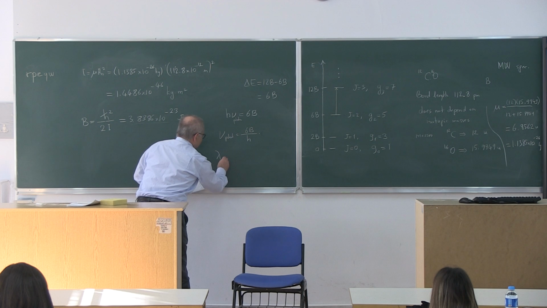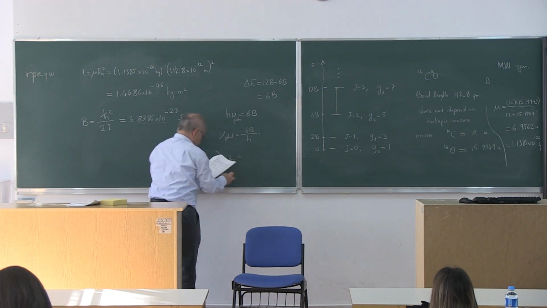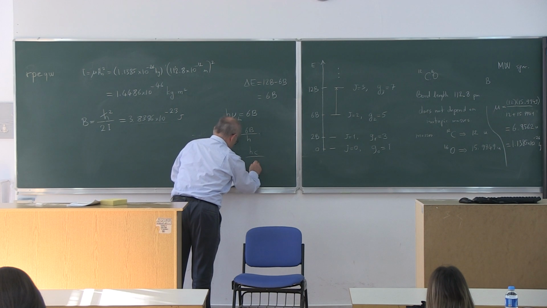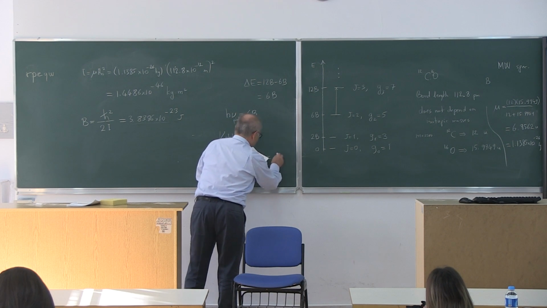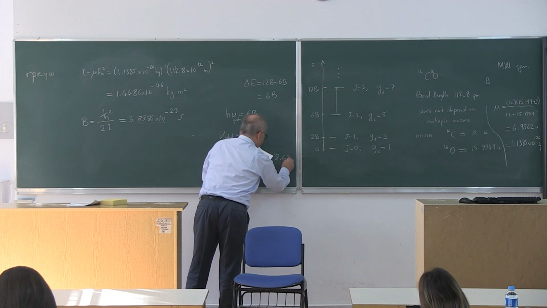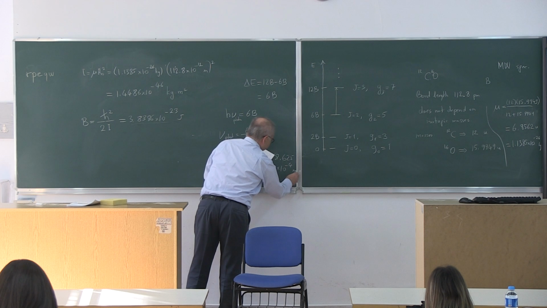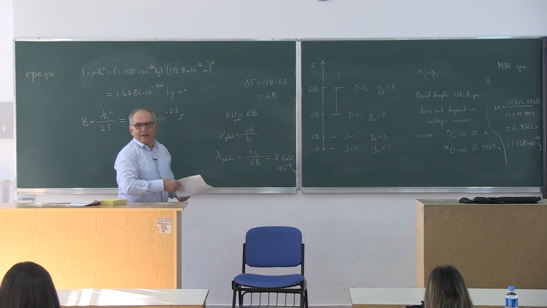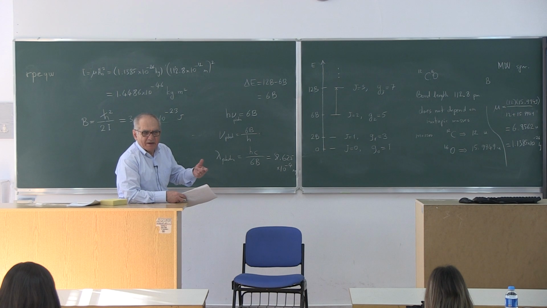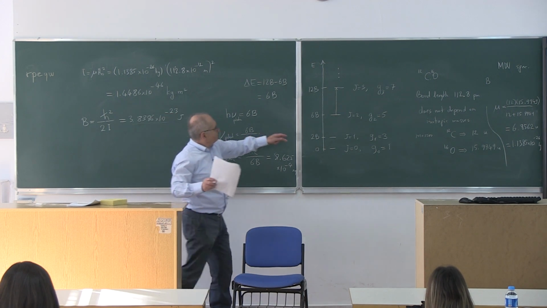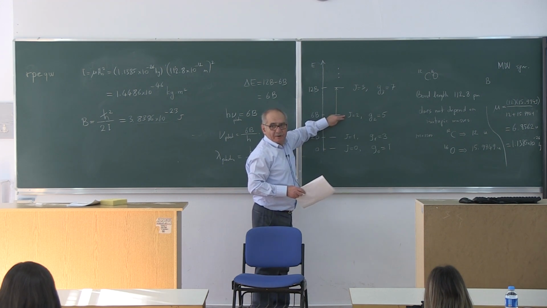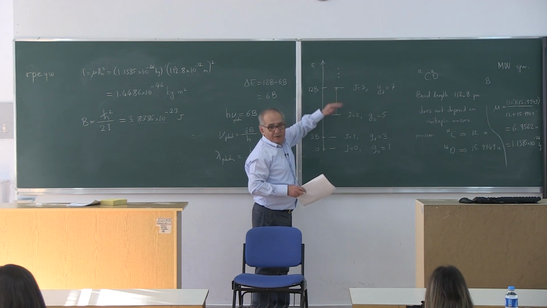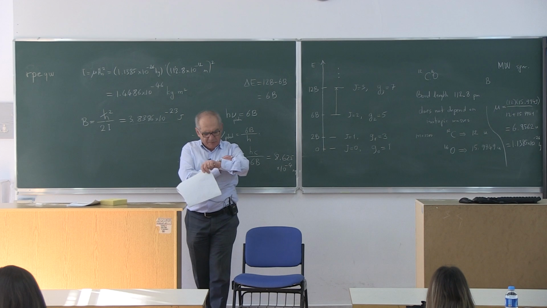We can calculate directly: hc over 6B, and this one is 8.625 times 10 to the minus 4 meters. This is the wavelength of the light which will cause the molecule initially at J equals 2 level to make a transition to J equals 3 level. Okay, let us start here.